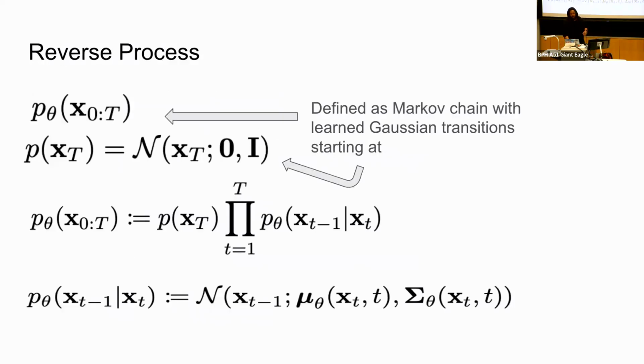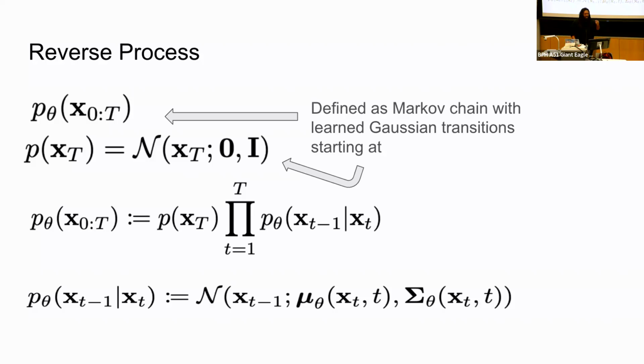All right. So we're going to go through the reverse process first, just because it's more interesting, and then we're going to go through the forward process. The p sub theta of x naught to t is defined as a Markov chain with learned Gaussian transitions starting at p of x sub t.